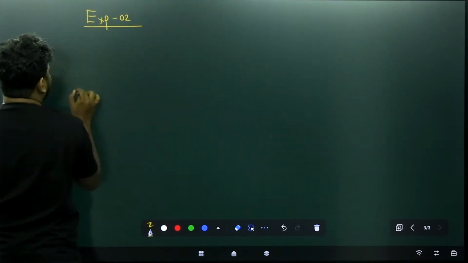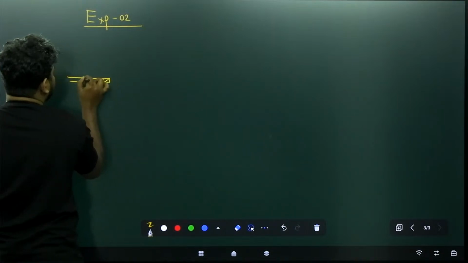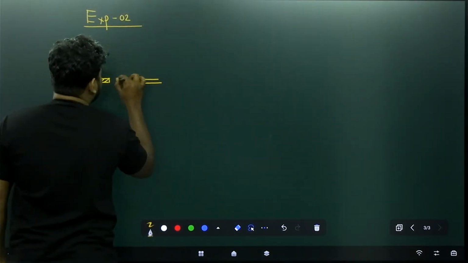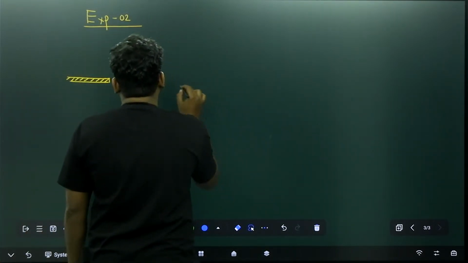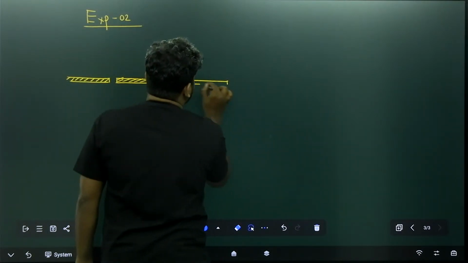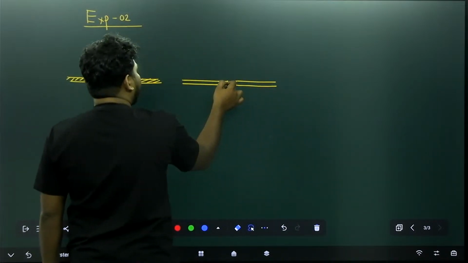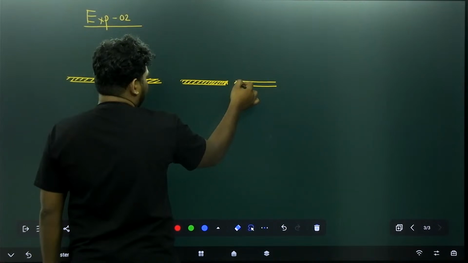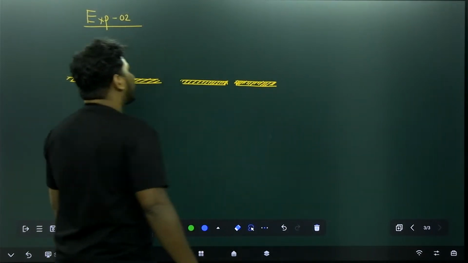In this case, I'm going to maintain the same hole size. This is also constant. Both have the same hole size, okay?